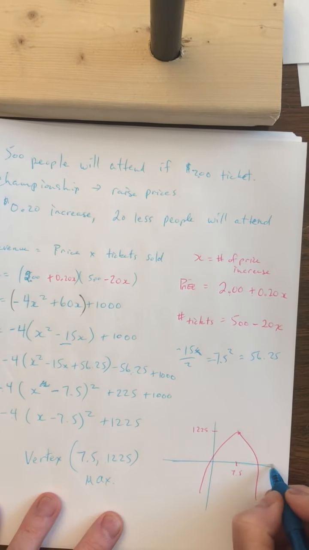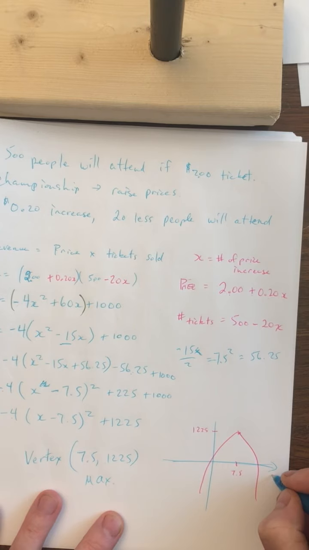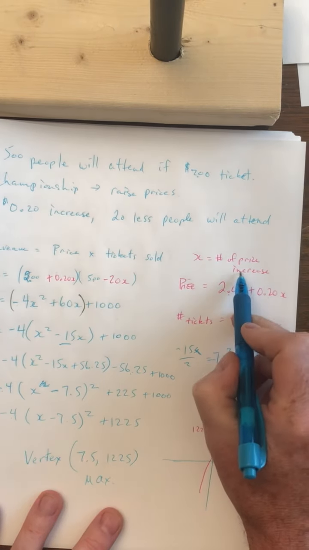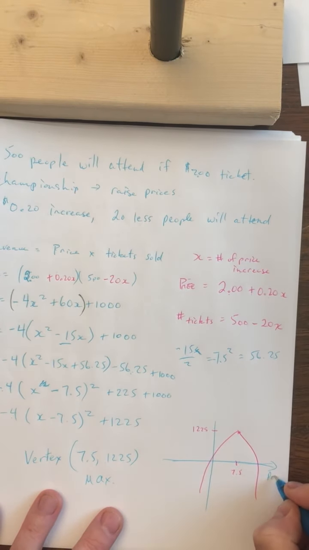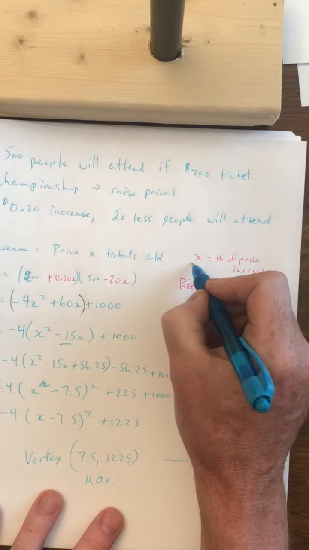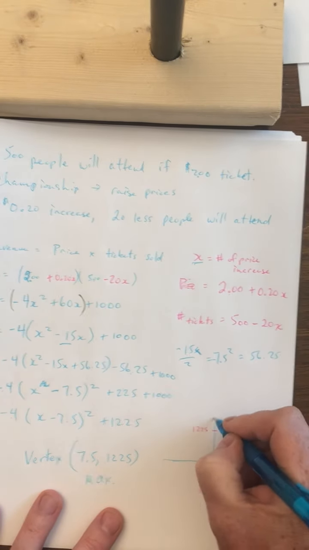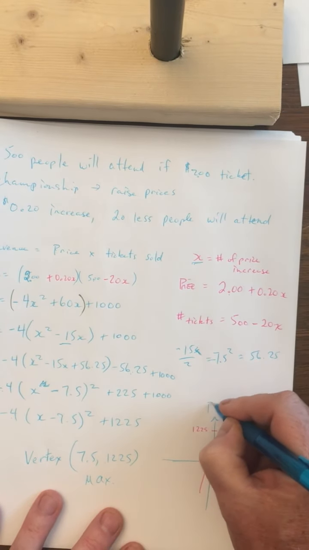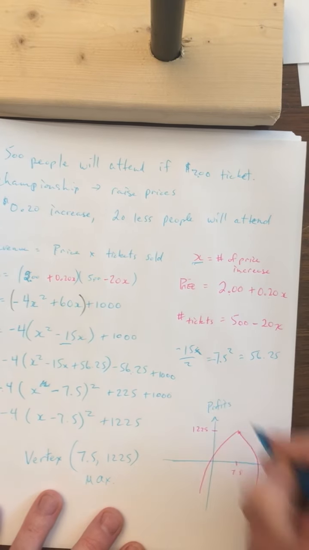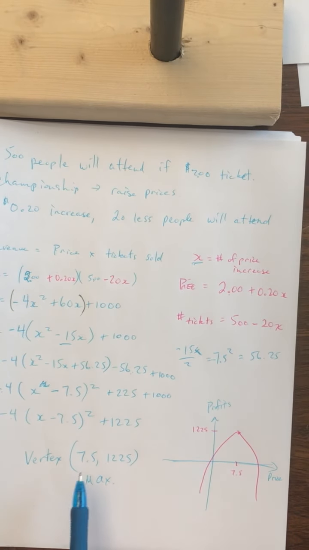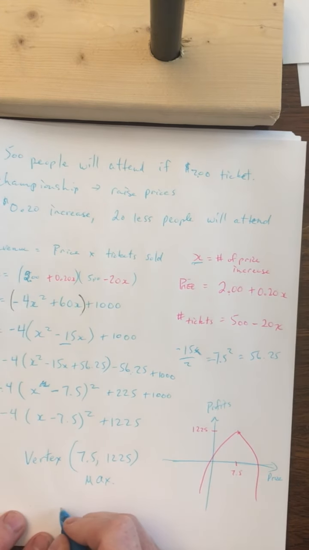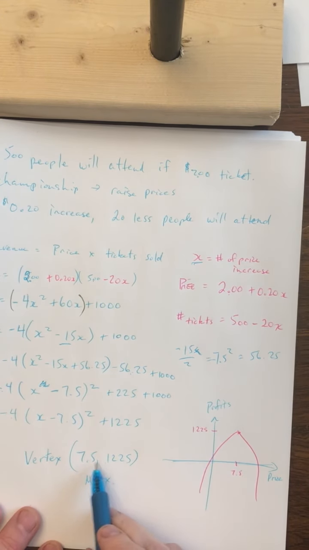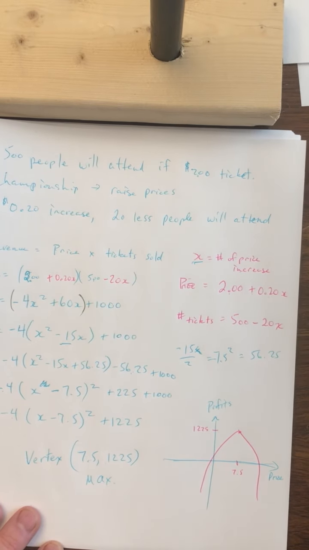Now on the x-axis here, this would be the number of price increases, and on our y-axis is profits. So we know that if we do 7.5 price increases, that will maximize our profits.